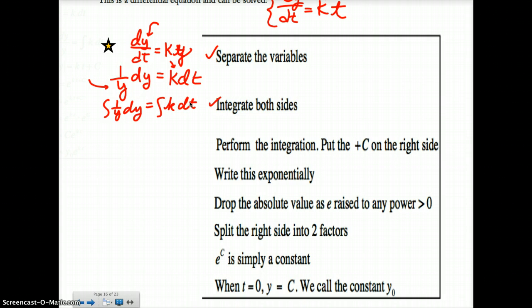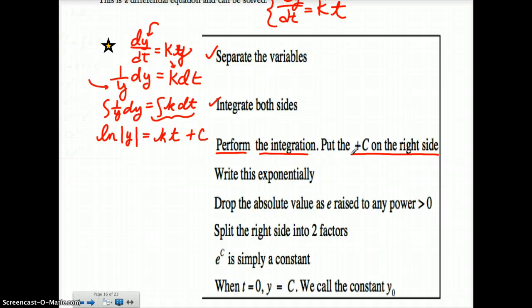All right? And our integration laws tell us that the integral of 1 over y dy is ln of the absolute value of y, and the integral of a constant with respect to t would just be kt. And then again on both of those we have that plus a constant, so we've been putting that all on the right side. It says right here.